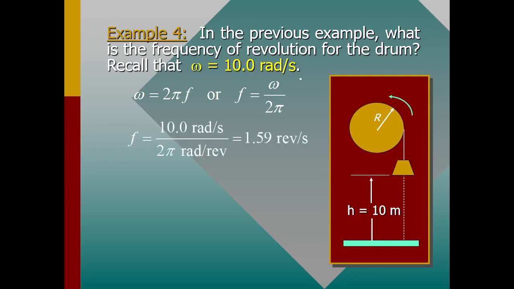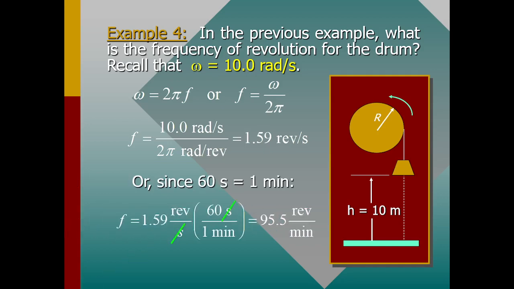When you plug in the values, 10.0 rad per second over 2 pi rad, your answer will simply be 1.59 revolution per second. That's all.